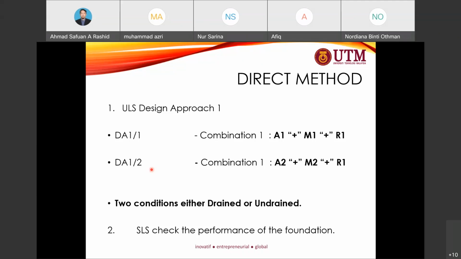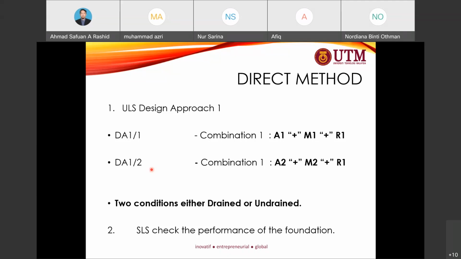For example, drained represents sand, while undrained represents clay, because sand is capable of draining very fast when we pour water onto the sample of sand material, compared to the clay.